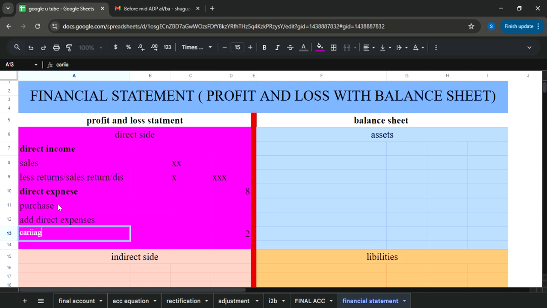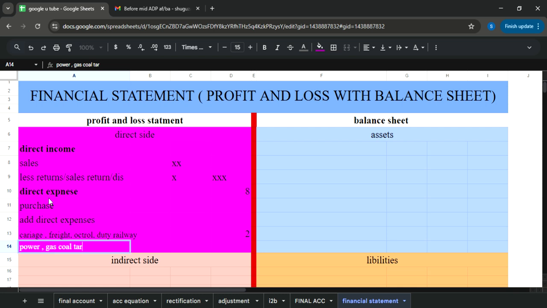First example is your carriage, then freight, octroi, duty, then railway charges. Besides this, we will have power, then gas, coal tar.